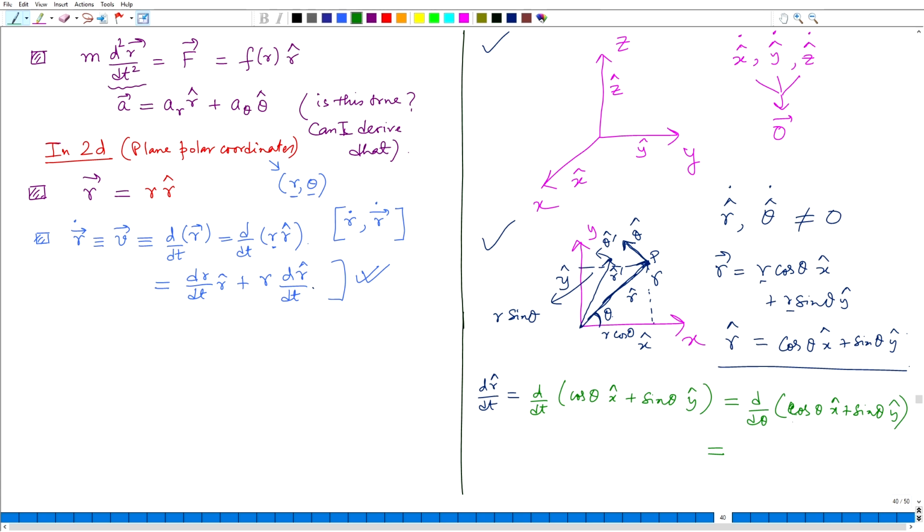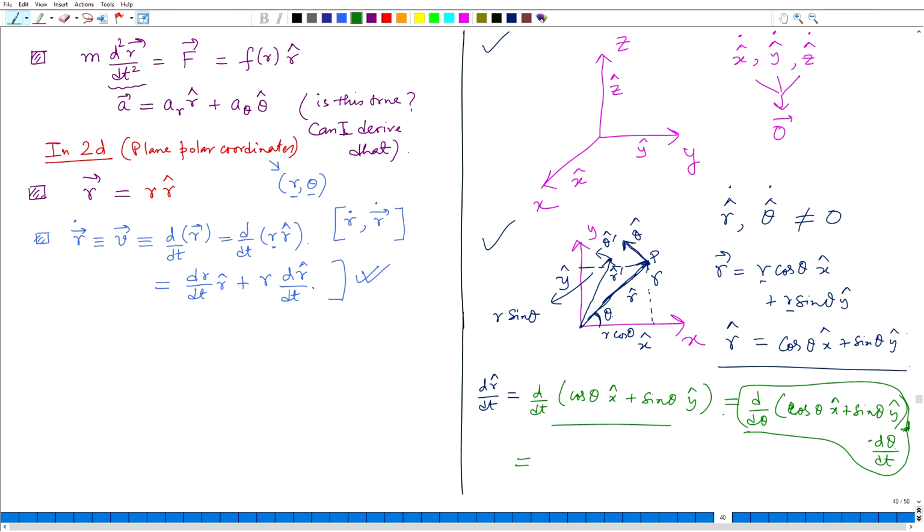So, I can multiply it by d theta dt. So, this total expression is actually equivalent to this thing.